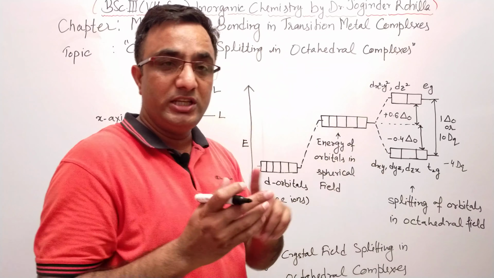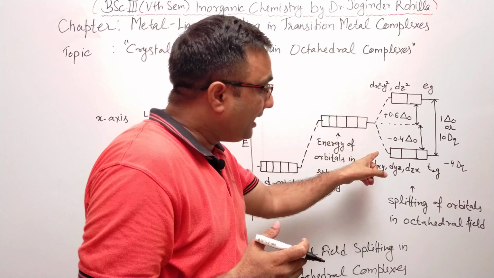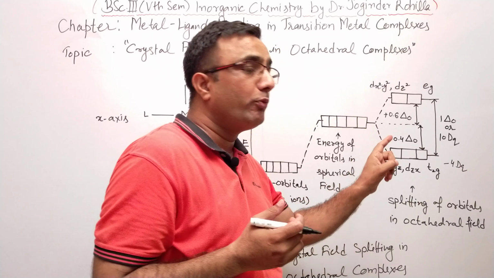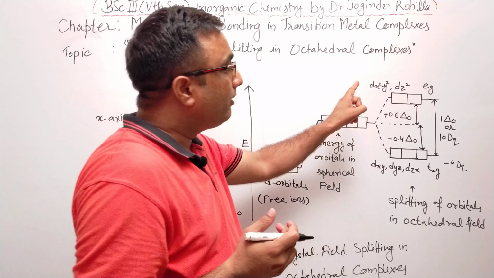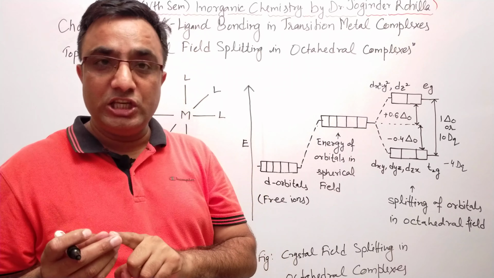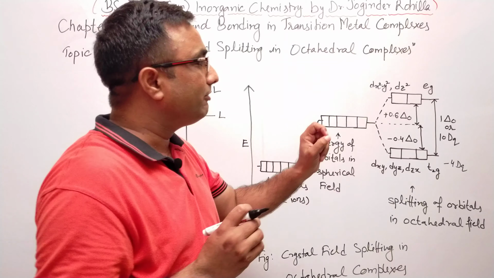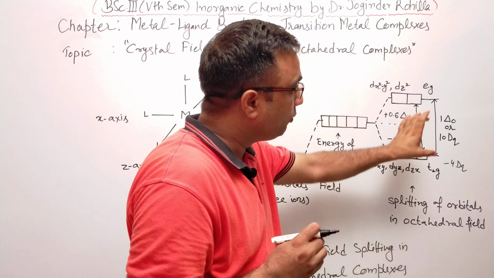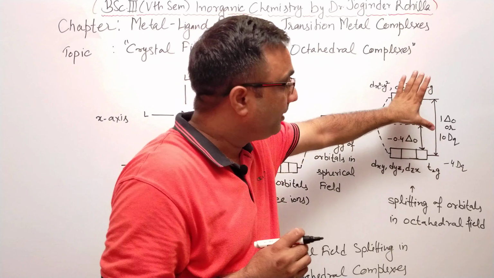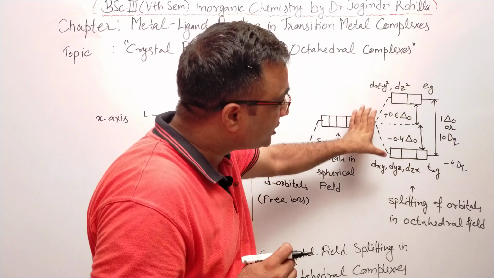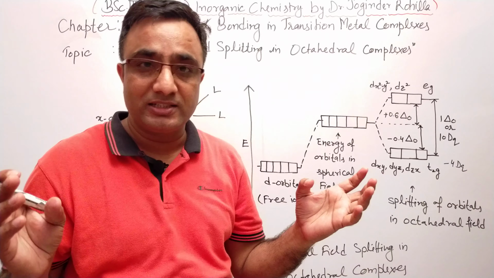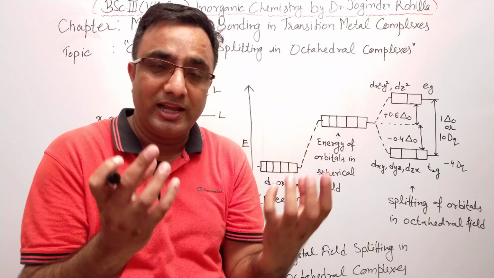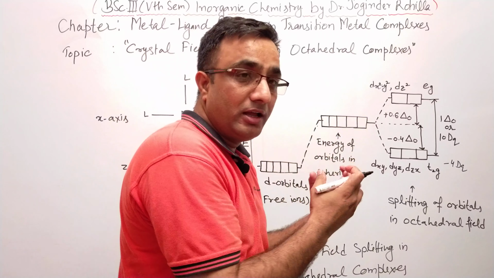One is T2g, another is Eg. In T2g, remember, the stabilization factor is minus 0.4 delta O, and if an electron is present in an Eg orbital, the destabilization factor is plus 0.6 delta O. In terms of 10 dq, this crystal field splitting gap is 10 dq, and it depends on many factors like oxidation state, nature of the ligand, in which d orbitals the electrons are present, and the geometry of the complex.